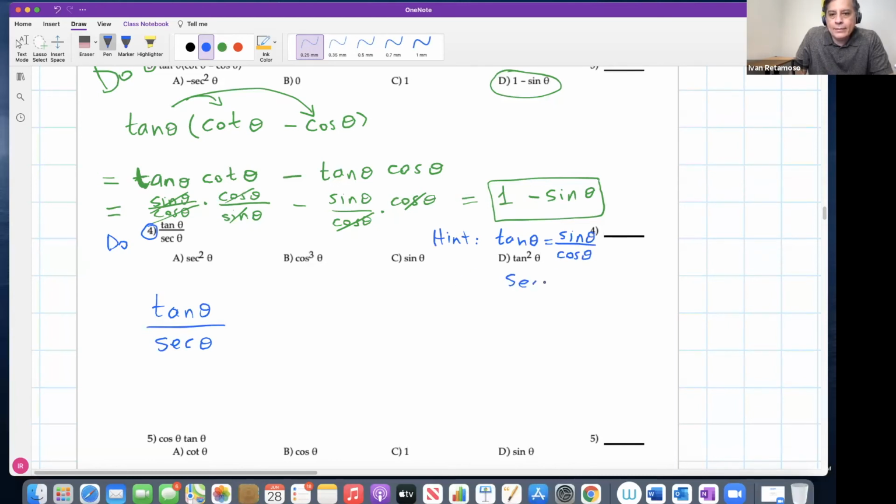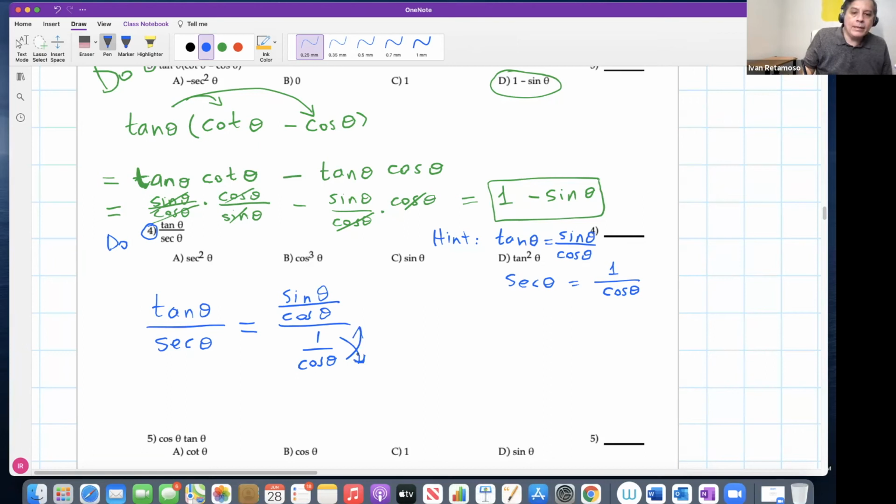And secant of theta, according to the reciprocal identities, is 1 over cosine of theta, right? Use these two. Divide this here, right? Sine of theta over cosine of theta, and here 1 over cosine of theta. Remember, to divide by a fraction, flip the fraction and multiply, right? Remember? Yeah, try that.